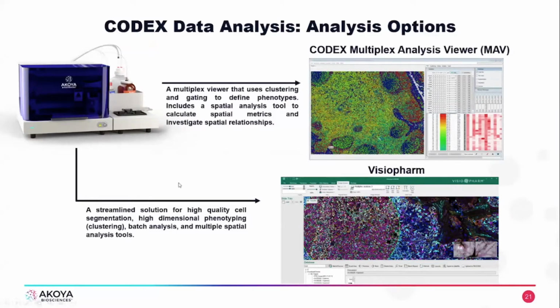And Visiopharm is a streamlined solution for high-quality cell segmentation, high-dimensional phenotyping, i.e. clustering, batch analysis, and multiple spatial analysis tools, including cell neighborhood analysis. I'll talk a little bit about Codex Multiplex Analysis Viewer, and I'm happy to talk about Visiopharm with anyone that's interested in talking about using Visiopharm.